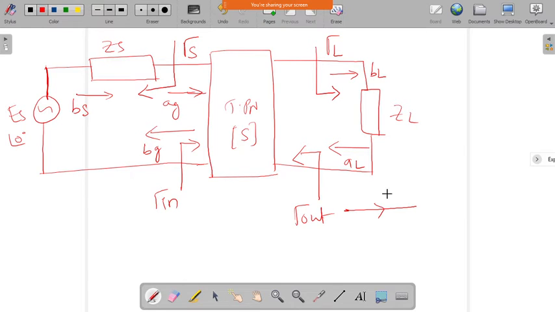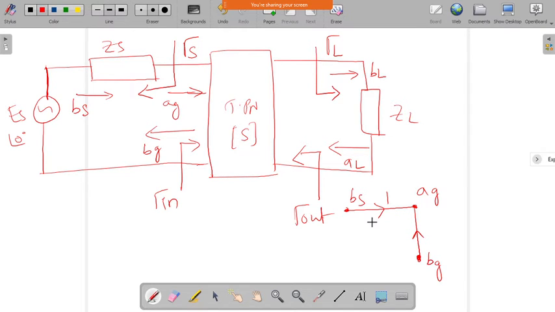It has the source node which is Bs, and we have the node Ag and the node Bg. The signal going from Ag to Bg is S11, and the reflection coefficient gamma goes from Bg to Ag.